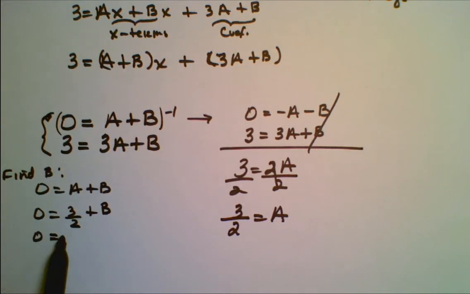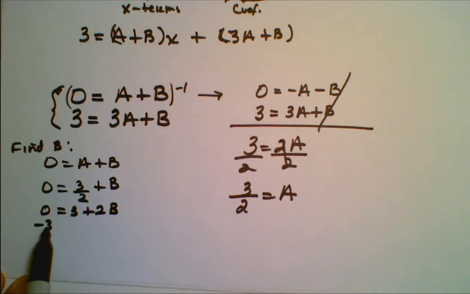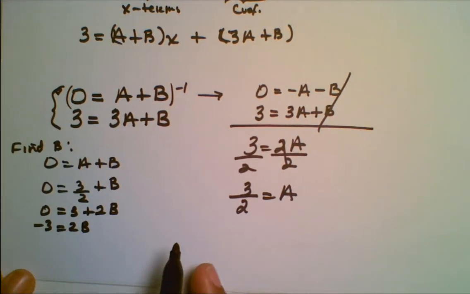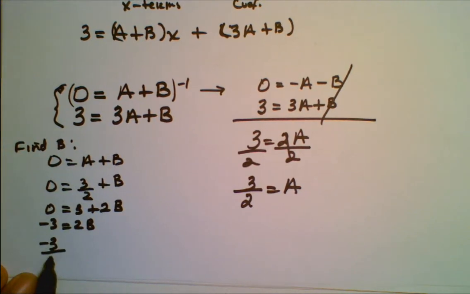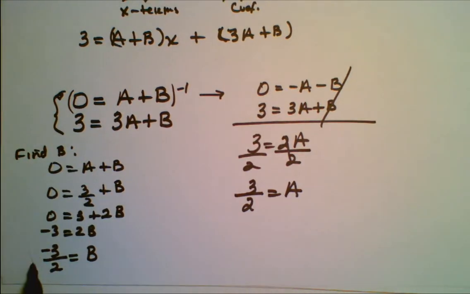We have 0 is equal to 3 plus 2B. Subtract 3, divide by 2, and we have B is equal to -3 over 2.